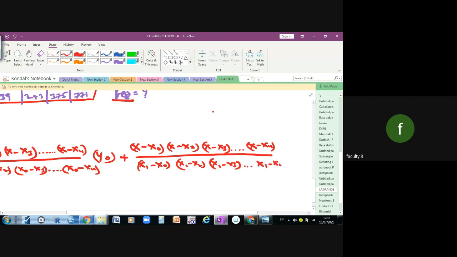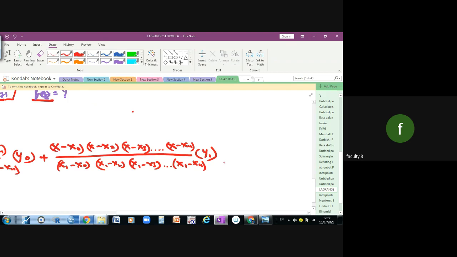Then here y0, no? So therefore it multiplies by y1, right? Plus.